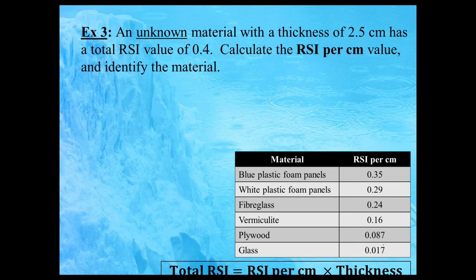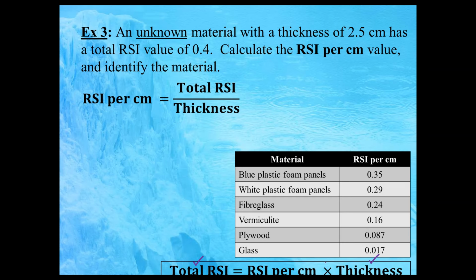And let's look at one other variation. So in this one, it says we have an unknown material. So I don't know what the material is. And it tells me what the material thickness is, and it tells me the total RSI value. And what I want to do is calculate the RSI value per centimeter and then identify the material. Okay, so this time around, I know the total RSI and I know the thickness. I want to calculate the RSI per centimeter.